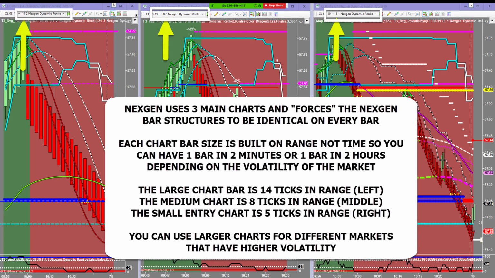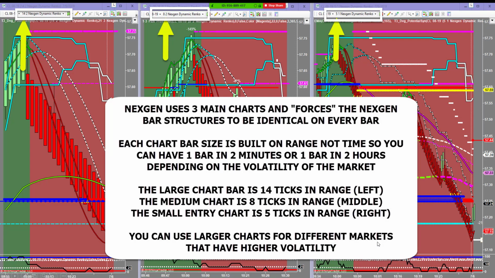Now, in a typical class, we actually use 3 charts. We have a larger 14.2 chart, a medium 8.2 chart, and a smaller 5.1 chart. Really what we're trying to do is have synergy and build the exact same look across all of our charts.